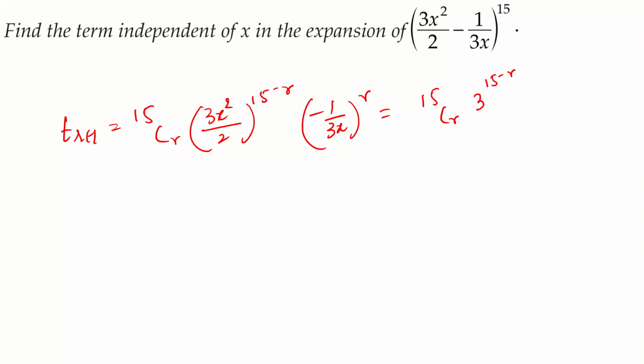I want x to be in one place with all the powers accumulated at one place. So 3 to the power of 15 minus r divided by 2 to the power of 15 minus r, and x square power of 15 minus r. So we can multiply 2 with 15 minus r. 30 minus 2r is what I get. Then minus 1 to the power of r divided by 3 to the power of r into x to the power of r. This is what I get.